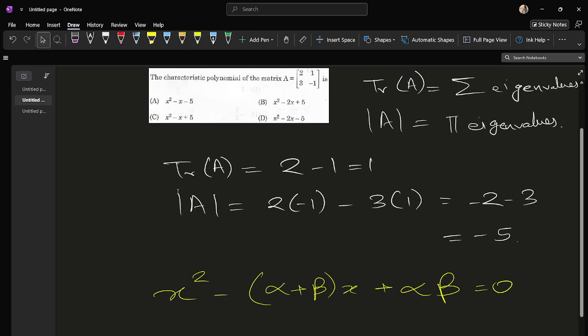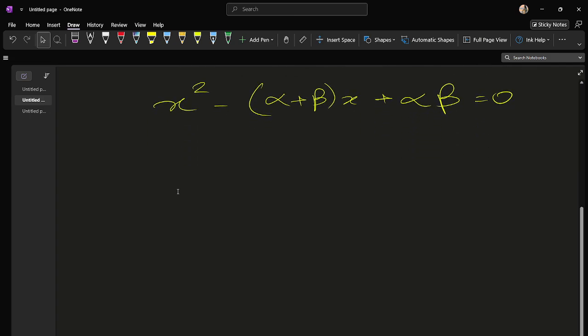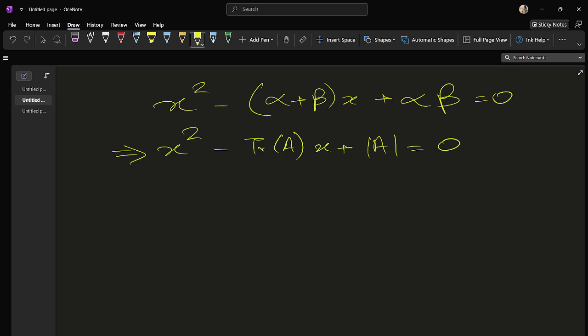Alpha plus beta is the trace of A, and alpha into beta is the determinant. So we can write it as x square minus trace of A x plus determinant of A equals 0.